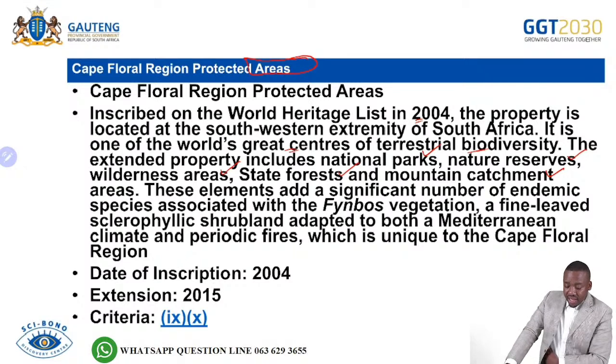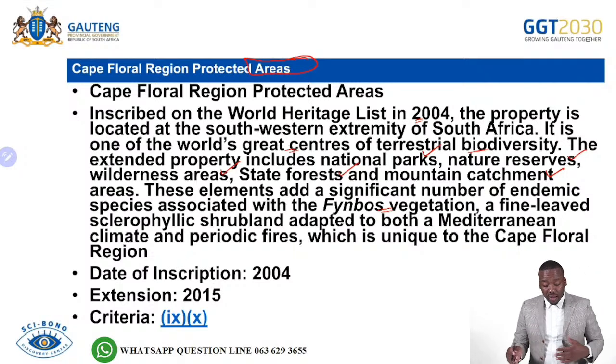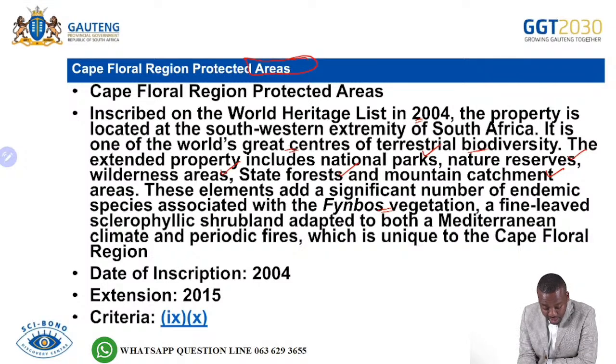These elements add a significant number of endemic species associated with fynbos vegetation. Now remember, we said fynbos is a plant that we have here in South Africa. This is also where you can find the protea plant, only in this particular area. So it has a lot of terrestrial biodiversity.